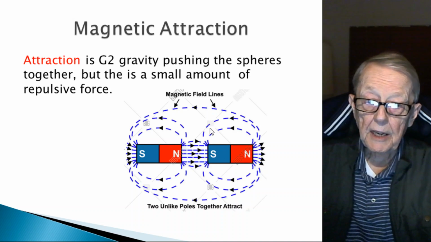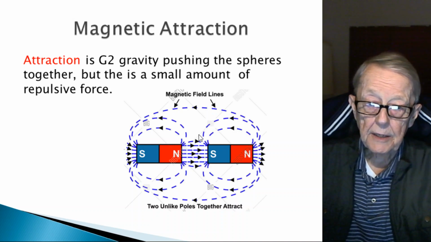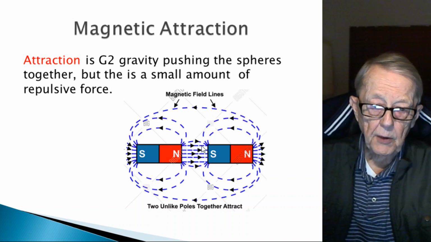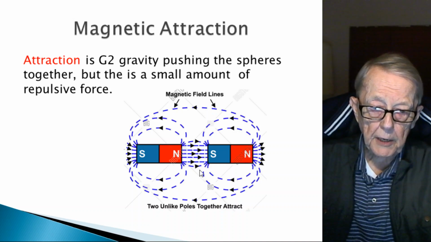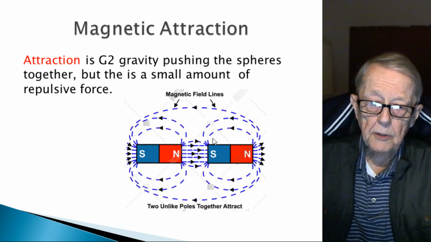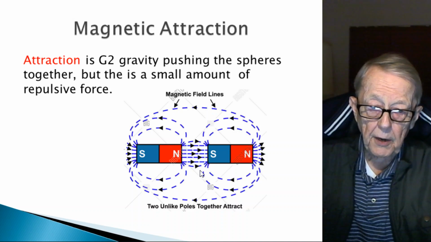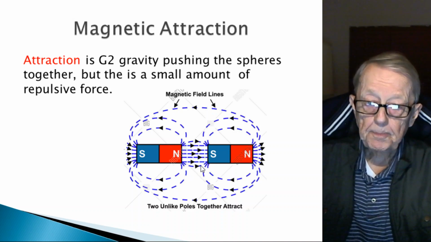It's really the weakness of the repulsive forces, because right here at this point, and I've done this in a magnetic video I made, there's a repulsive force that can occur here, and it may be small, but repulsive forces are strong. There may not be many hitting each other right here or here, but it's still there.